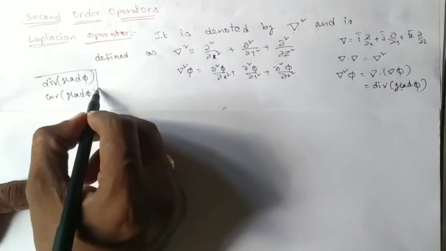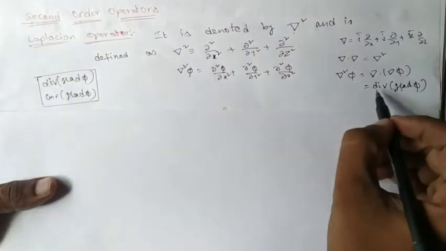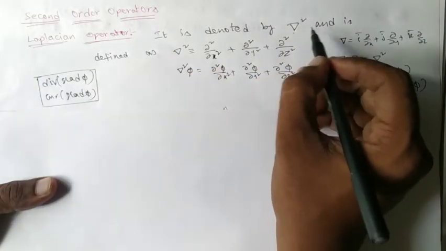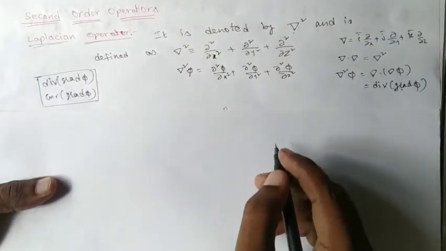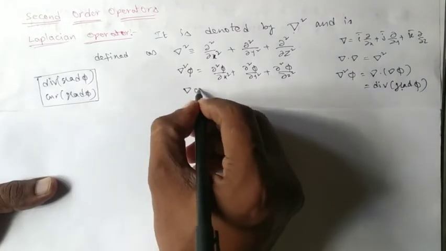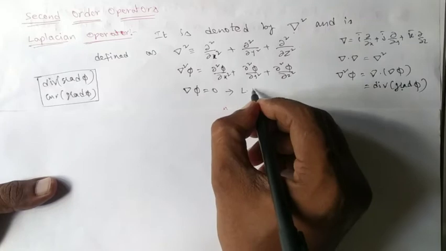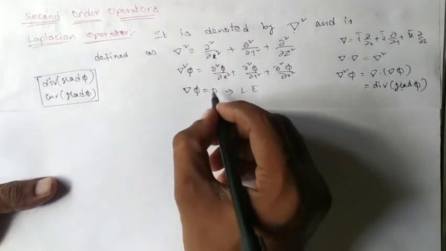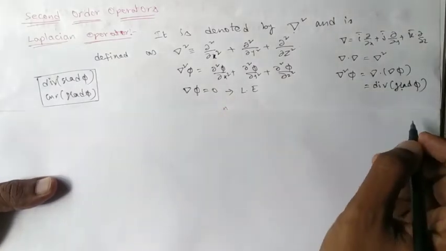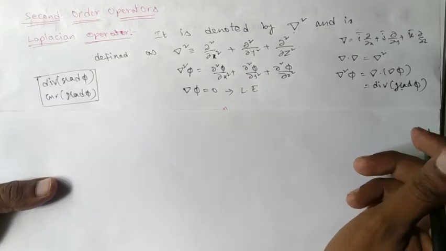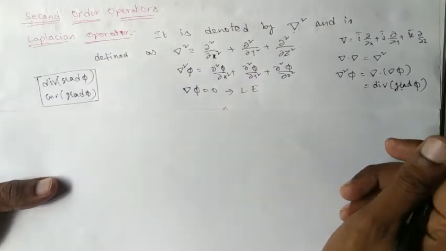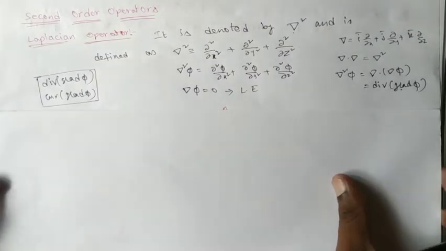So divergence of grad phi has a name, that is called the Laplacian operator. Suppose del square phi equal to 0, then it is called Laplace equation. If it is some function, that is called Poisson equation. So that is the one operator. How to remember? Next, coming to one problem.